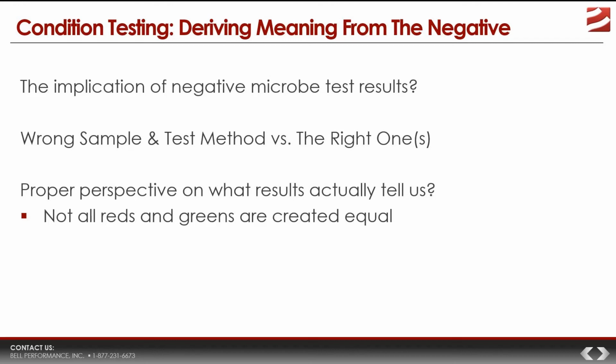Or it could mean that we actually have the right sample and the right method, which means if we have a negative test result, if it's right sample, right method, the system actually is uncontaminated and our negative test result is valid.